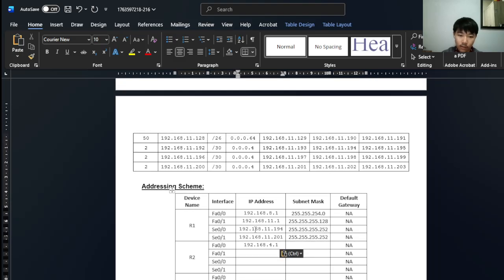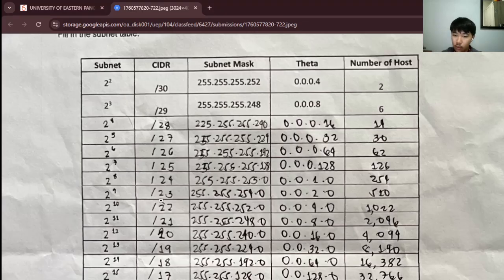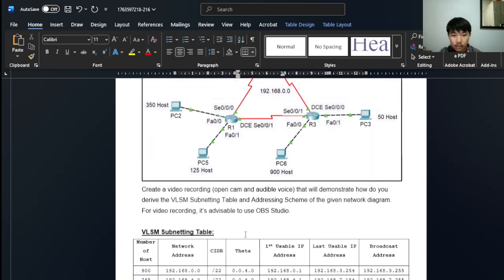In order for us to get the subnet mask, let's look for the CIDR of 765, which is CIDR /22. CIDR /22 has a subnet mask of 255.255.252.0.